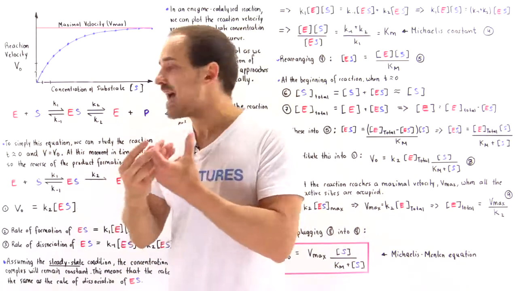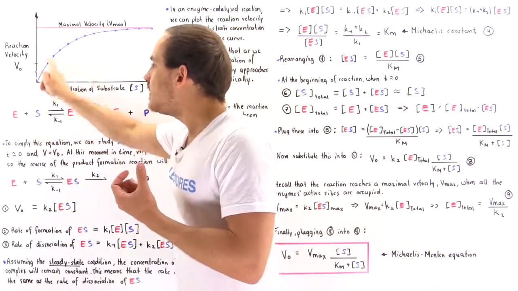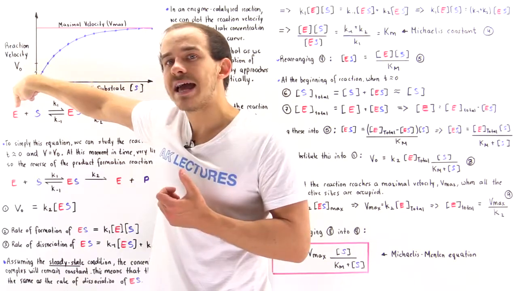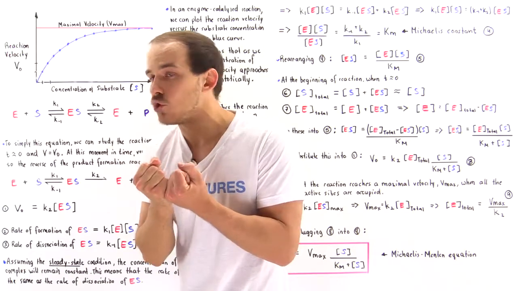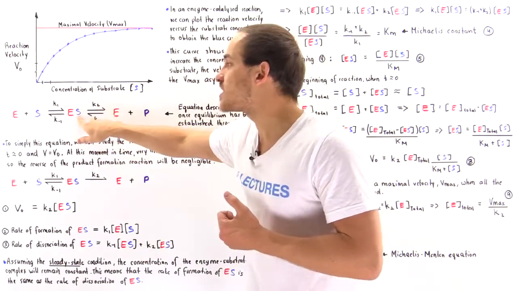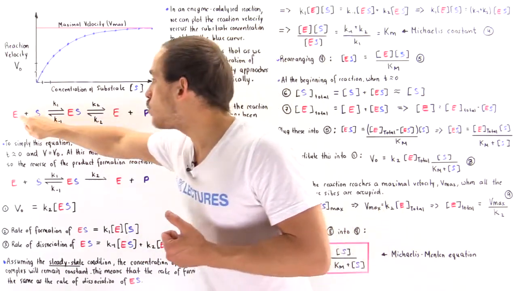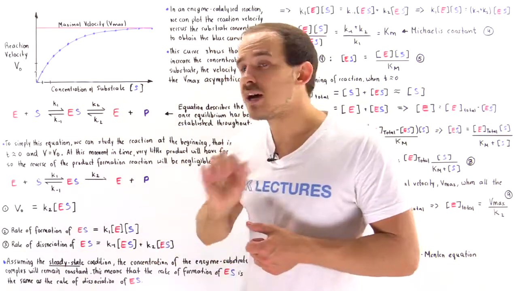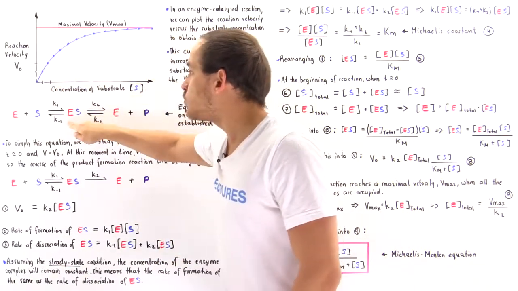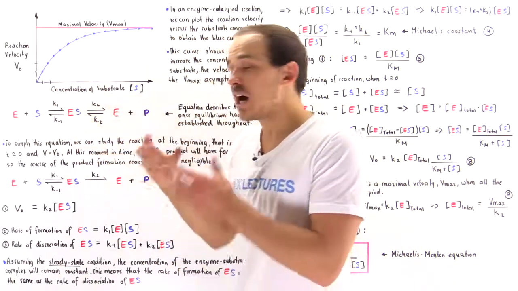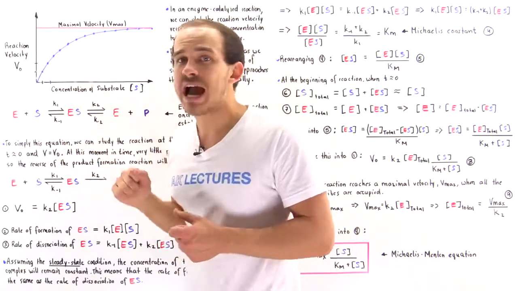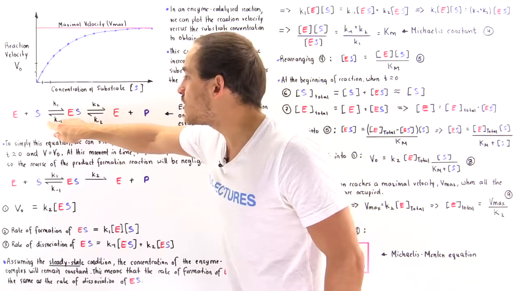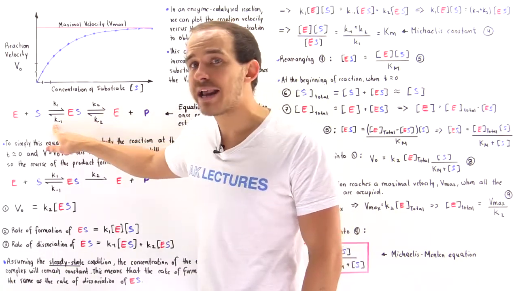But then what begins to happen is the substrate begins to bind onto that enzyme's active site, and we form an intermediate molecule known as the enzyme-substrate complex. Now, going this way, the rate constant is K1. But once we form some of this complex, it begins to dissociate back into these two reactants, and the rate constant of that reverse reaction is K-1.